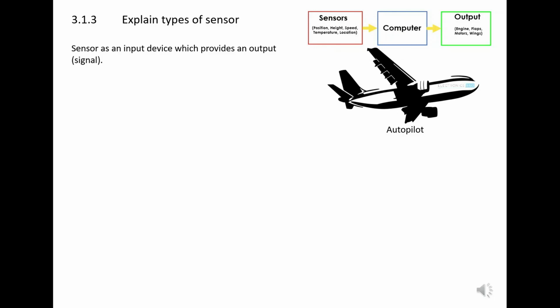Jadi untuk autopilot bagi kapal terbang ini, penderia yang terlibat adalah position sensor, height sensor, speed sensor, temperature sensor dan location sensor.